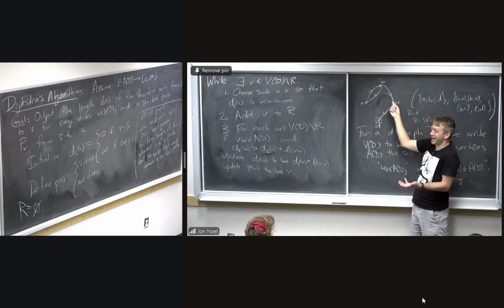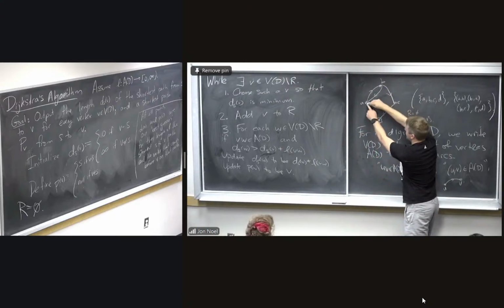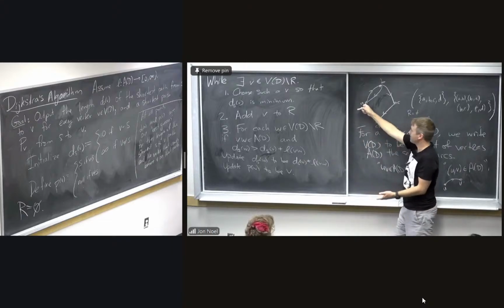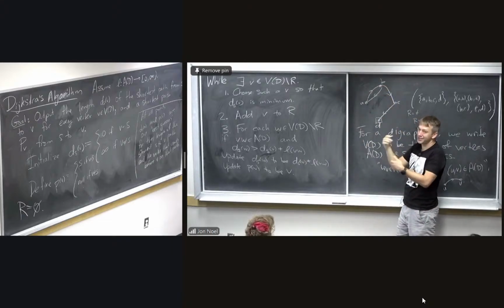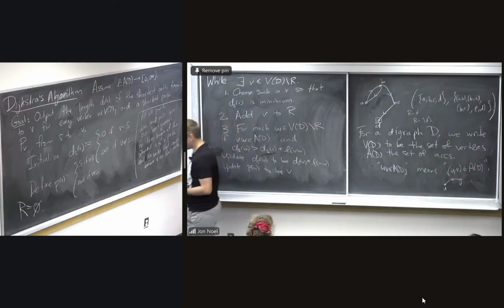Then I would just add whatever, it doesn't really matter what I add. Maybe I'd add this one. And then I would check, is it true for all of the things it can reach that this inequality holds? Well, it doesn't, because it's infinity, infinity. And I would just never update anything. It would just say everything's at distance infinity. But that's a good thing to think about.